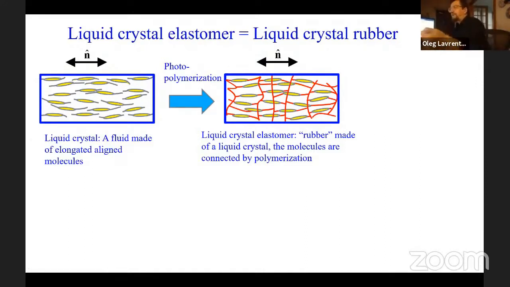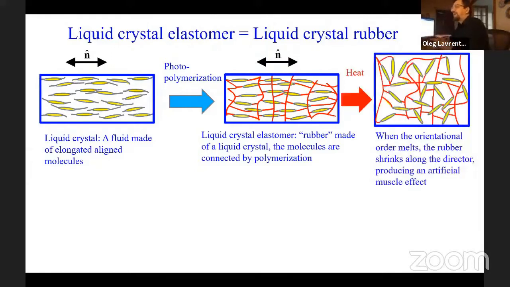You can stretch it mechanically, but also you can play with elasticity by using external factors such as changing the temperature. Here I show what happens if the temperature of this piece of rubber is increased, because the orientational order becomes disordered when the temperature is very high. The fluctuations would make the molecules look into different directions.